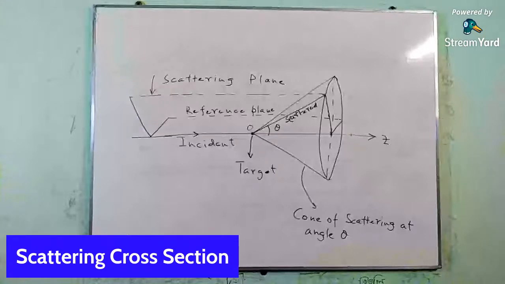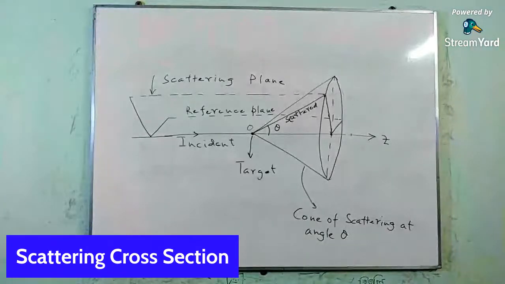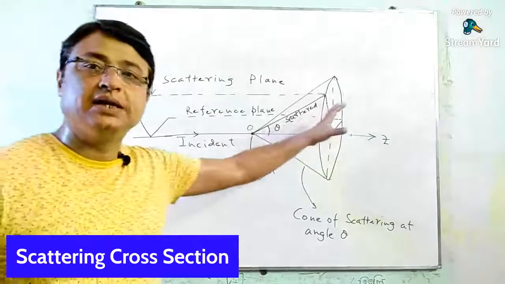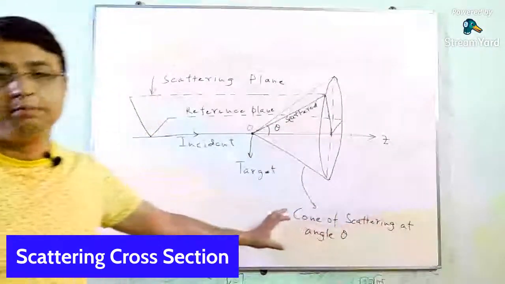So psi sc, the scattering wave function, must have the same propagation constant k, and it must be a spherical wave as these particles move radially outward in all possible directions, and that's why this cone of scattering is made.